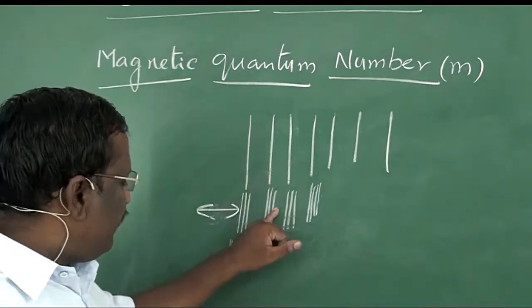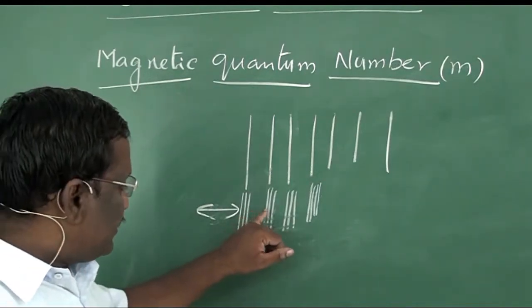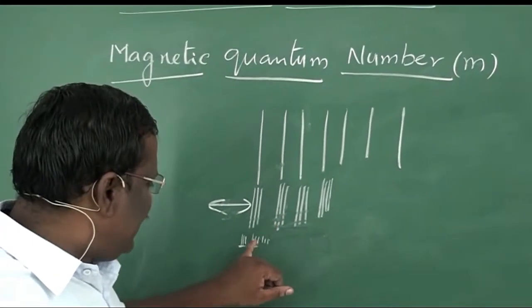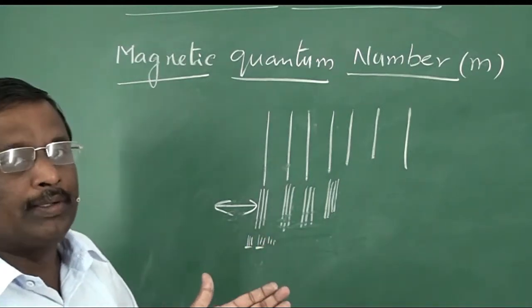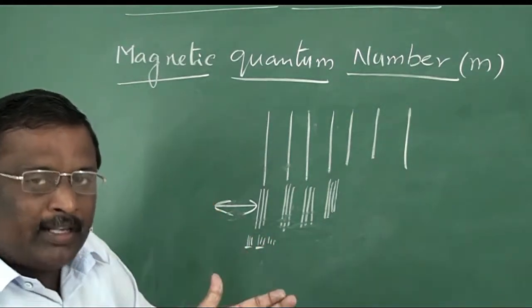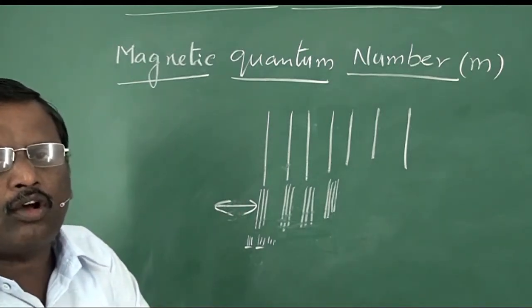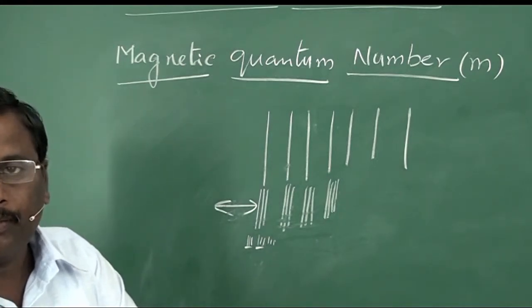Fine lines differ from the splitting because here one line is a group of lines, but in splitting, the same line is observed to split. That splitting is observed only under the influence of an electric field or a magnetic field.